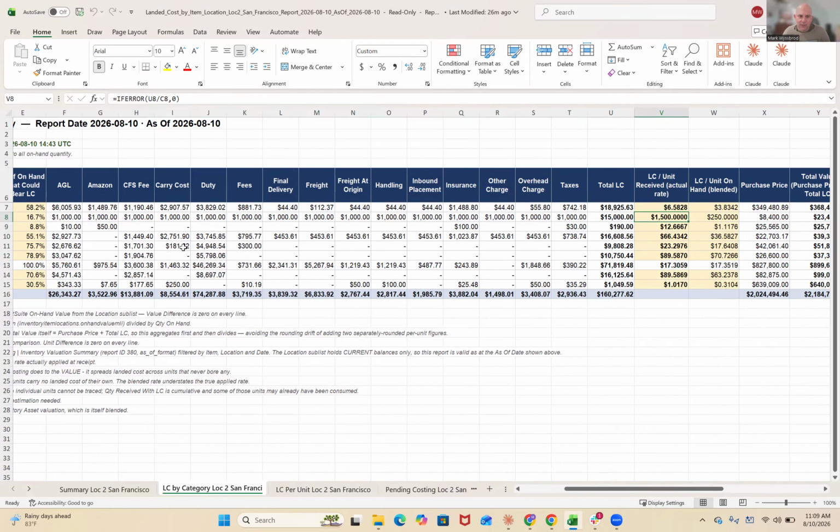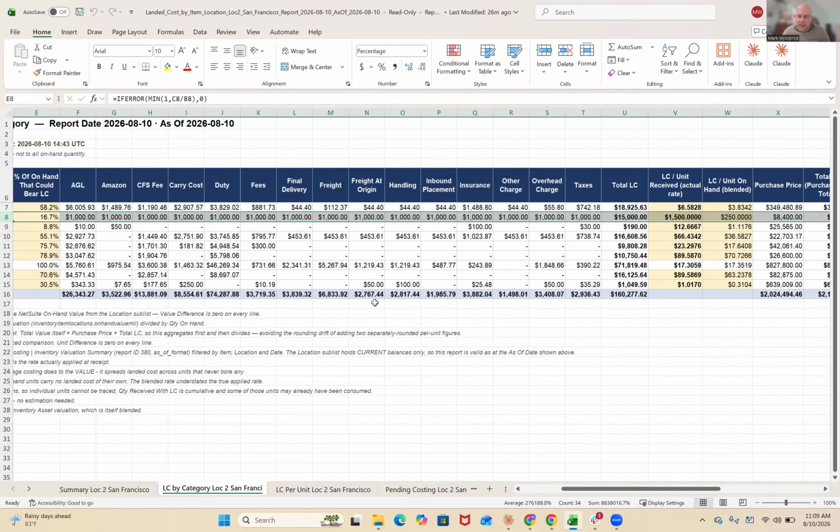This second line has a pretty good variance for an example. On the 10 that were received with landed cost, 10 divided by 15,000 is 1,500. But then there were 60 total, so 15,000 divided by 60 is 250.